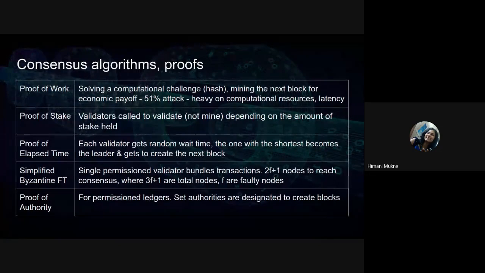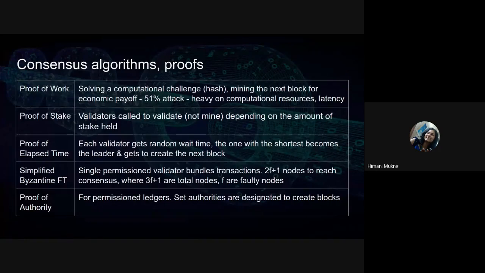The nodes here, as we would call them, are called miners, who solve a computational challenge, which is a cryptographic hash, for an economic payoff or an economic benefit or an incentive, as we had discussed previously in the layers of blockchain, if you remember. So here you have to solve a computational hash, and that helps you mine the next block. And the motivation behind it is economic payoff.